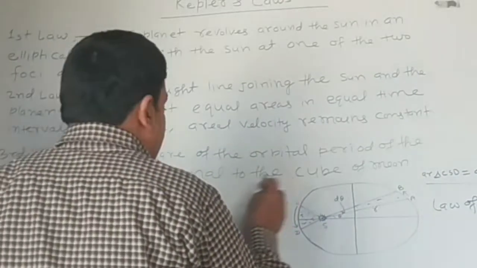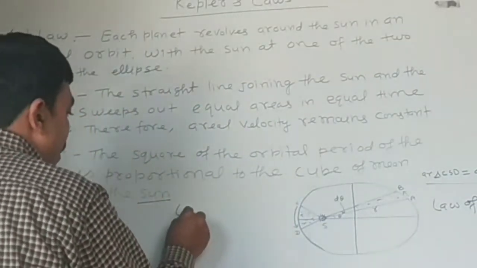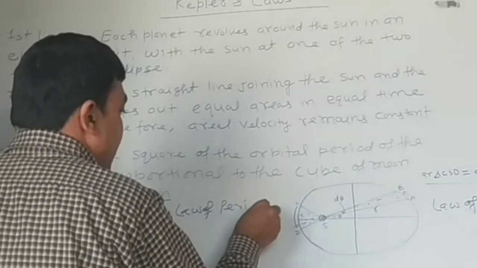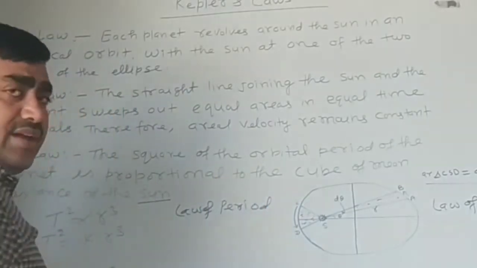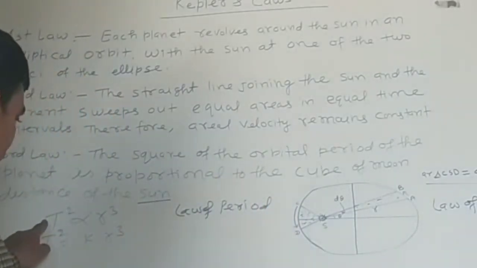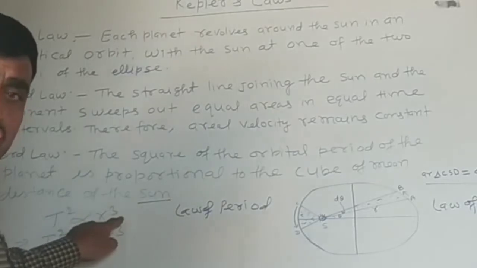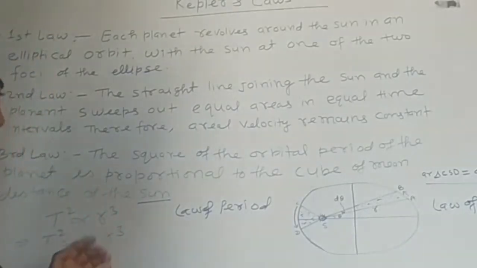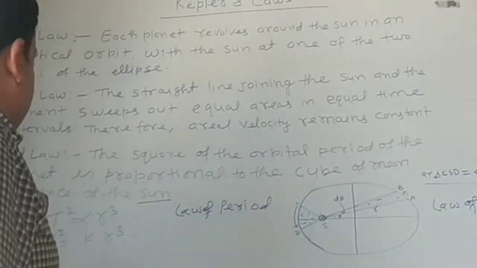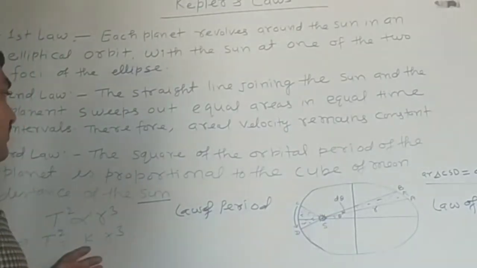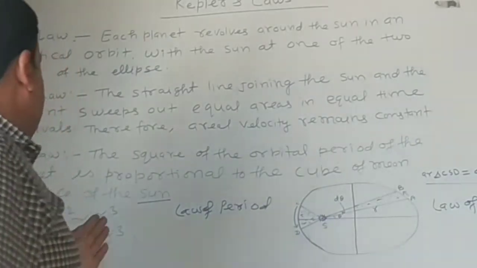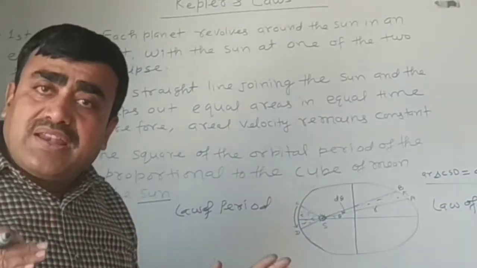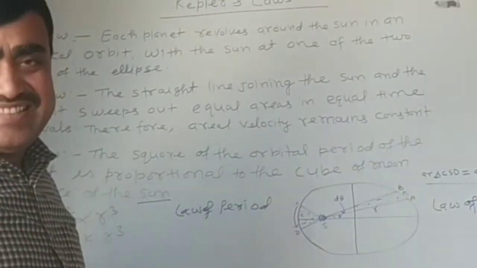That implies according to the law of period, T square varies as R cube, where T is the time period and R is the mean distance between the planet and the sun.